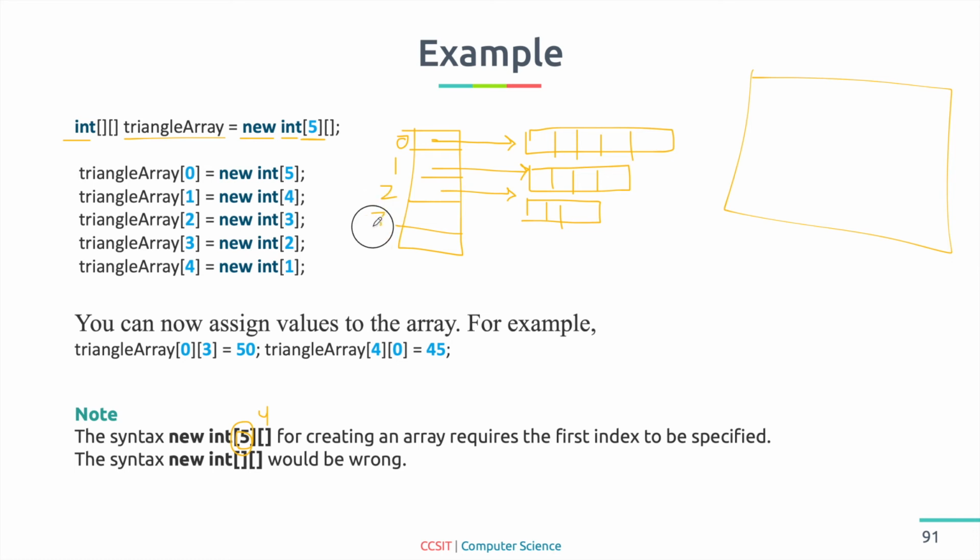And then at index 3, the same, it will hold a reference to a single-dimensional array of size 2. And finally, at index 4, it will hold an array of size 1. So this is looking into details of how Java really stores 2-dimensional arrays.